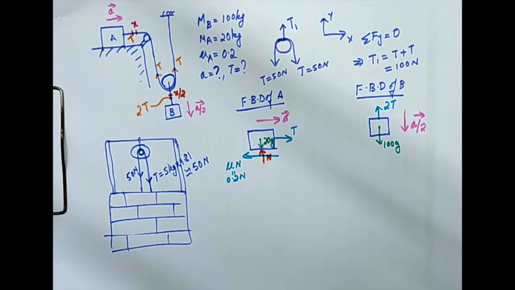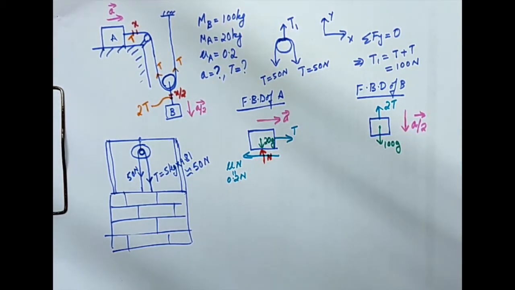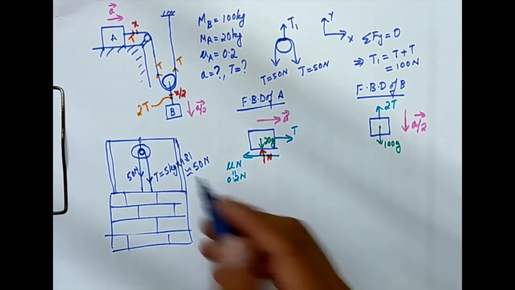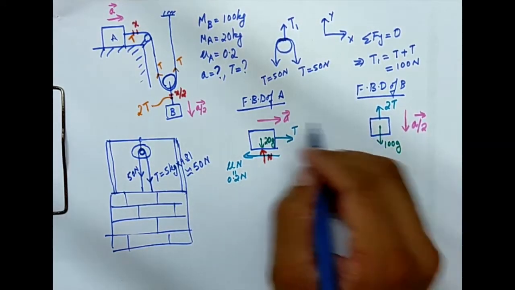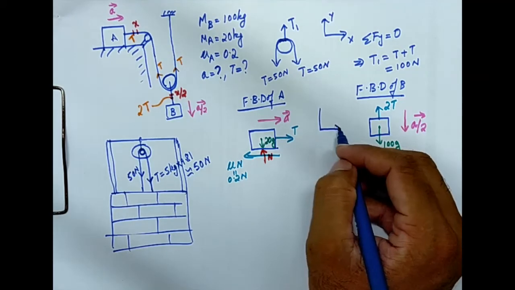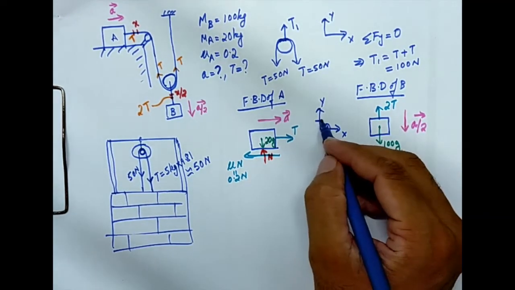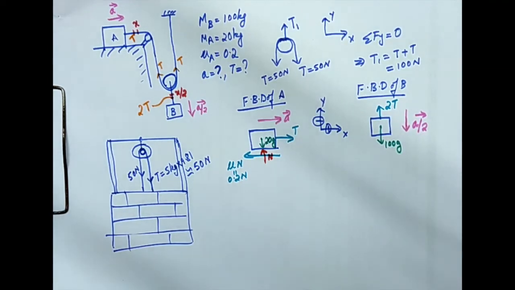Now we are going to use the equations of equilibrium. We have either the static equilibrium or dynamic equilibrium. As these components are in motion, we can use the condition of dynamic equilibrium. So I need to have some xy system. I'm considering this as positive x, this as positive y. Fine.